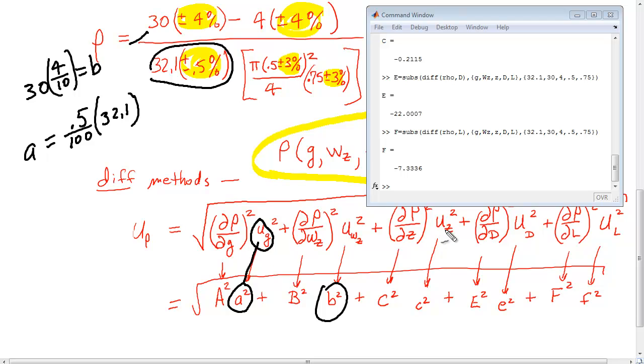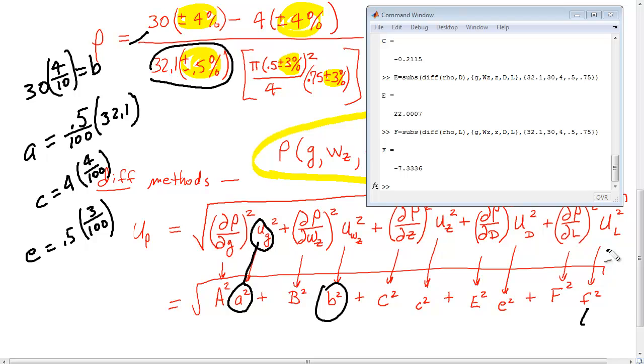What is C? Use Z. C is 4% of, 4 over 4%. Okay, wait, that was use Z. I just did that. E is nothing more than the diameter, 0.5, times its 3 over 100.